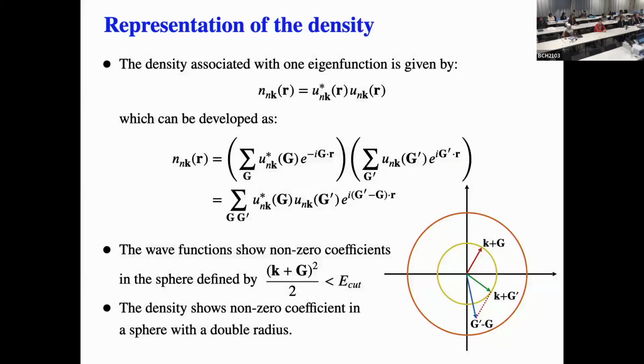So basically, you see when you have the density, okay, the density is the product of two wave functions. So you see that you have a G prime minus G that appears here. And so in principle, if this is the sphere for the wave function, the exact sphere for the density needs to be the double. This is true for any potential. Then what you do is that you make some assumption, and that's often the case, that this part here is less important.